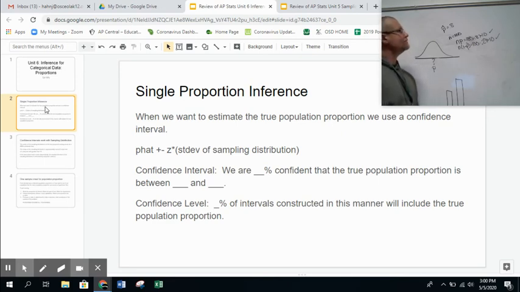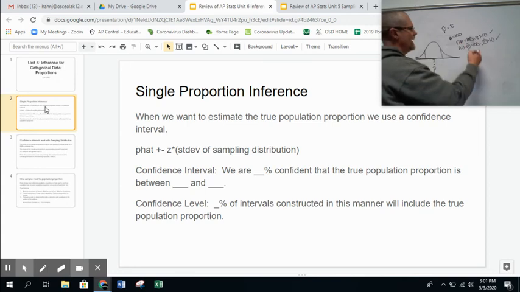Now the next thing is, how spread apart is this likely? Well, in order to do that, I'm going to use my population proportion. I know that the standard deviation of the sampling distribution is the square root of pq over n, or p times 1 minus p over n. So I'm going to calculate that for my distribution.